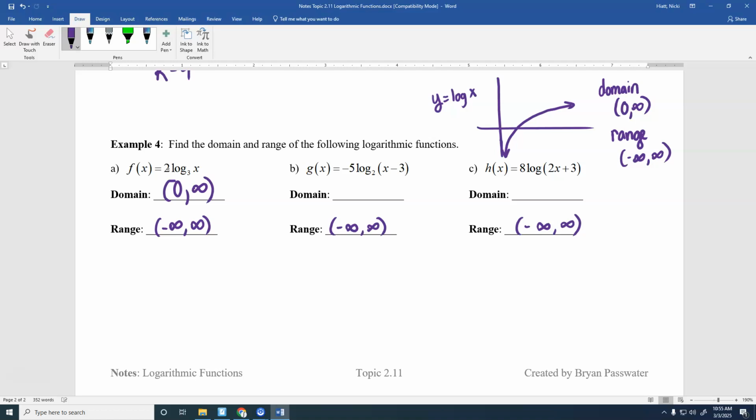All we really care about is the shift to the left or to the right. So is this shifted left or right? That is going to be right 3. So we just take our domain and we're adding 3 to both numbers. 0 plus 3, of course, is just going to give us 3. Infinity plus 3 is still infinity, so 3 to infinity there.